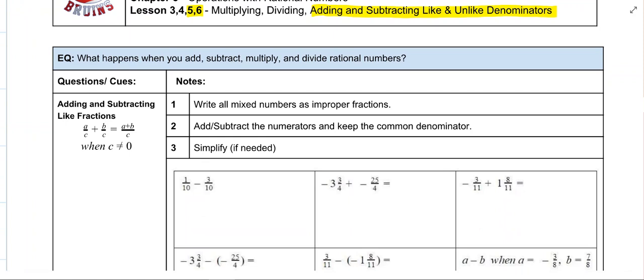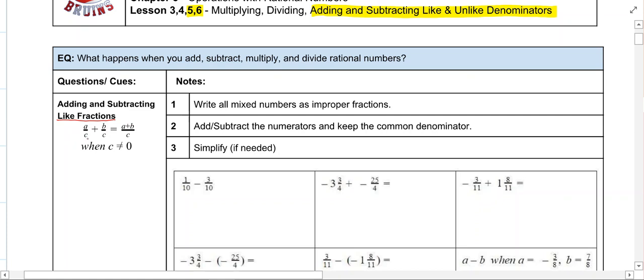Our first thing that we're looking at is adding and subtracting with like fractions. Now you're very familiar with this from elementary school, as far back as possibly 3rd grade, maybe 4th grade. And so it gives you, I have it in the notes here, an example with variables.